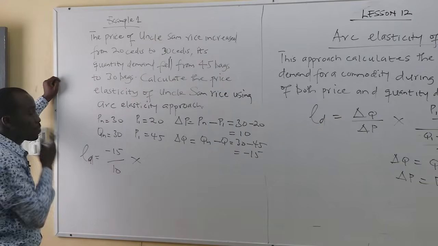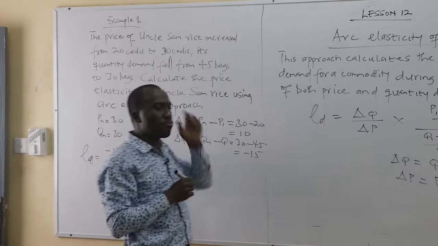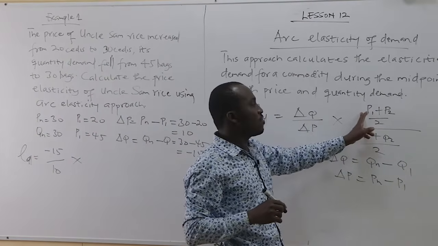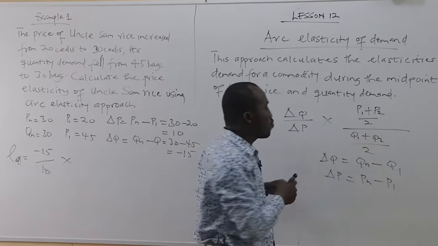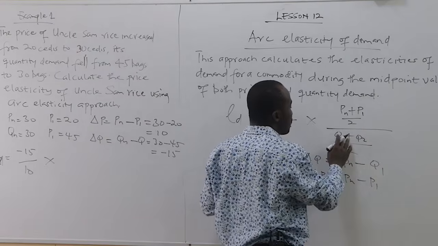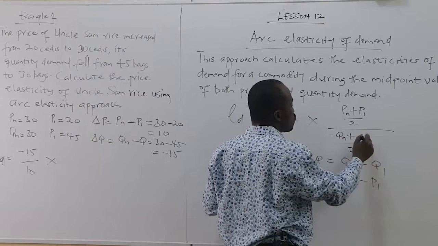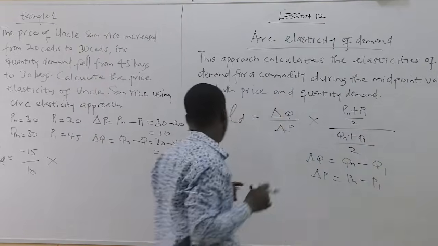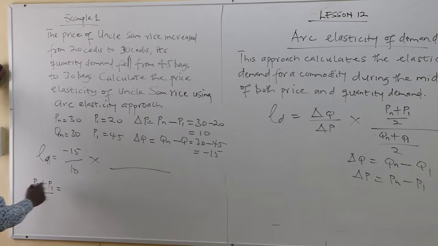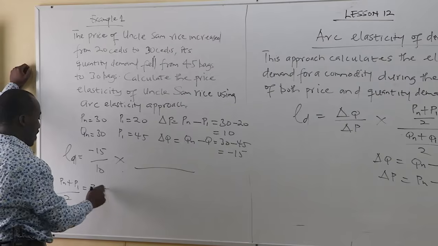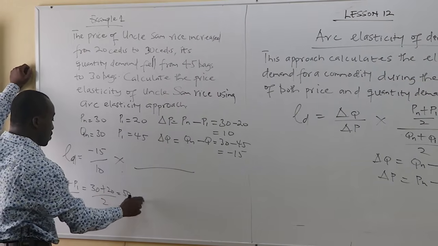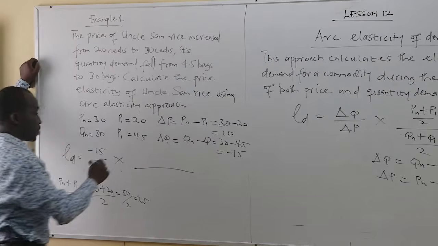When you come here, instead of using the initial price, like what we're doing in the point elasticity, you're going to use both the new price and the initial price, and you find the average of the two, instead of using the initial. P2 plus P1 divided by 2, that is 30 plus 20 divided by 2, which is 50 divided by 2, which gives you 25.